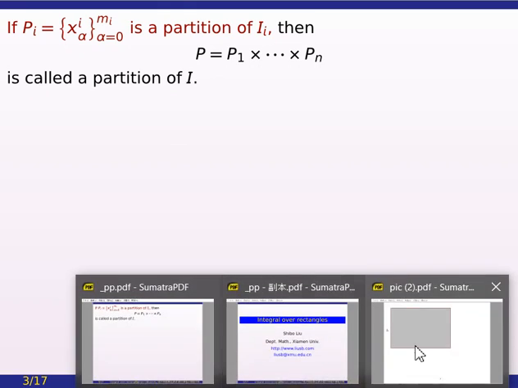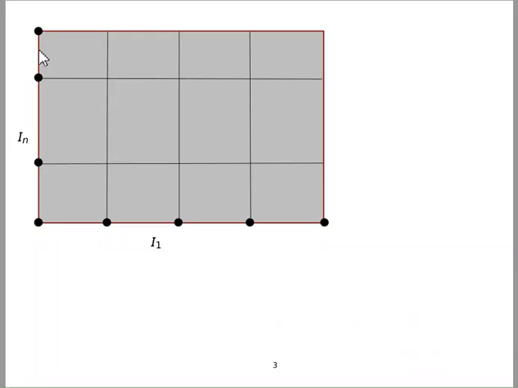Here we also have a picture. This is an n-dimensional rectangle. The lower boundary is I1 and the left boundary is In. In I1 we take five points, which divide I1 into four intervals. For In, we take four points, which divide In into three intervals.